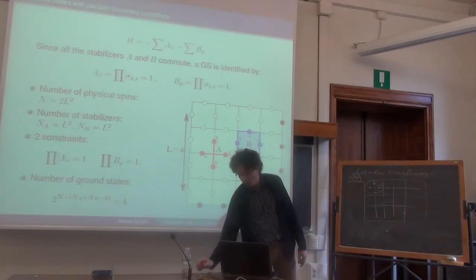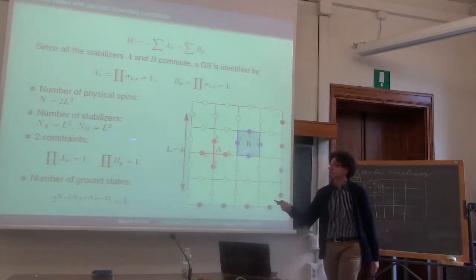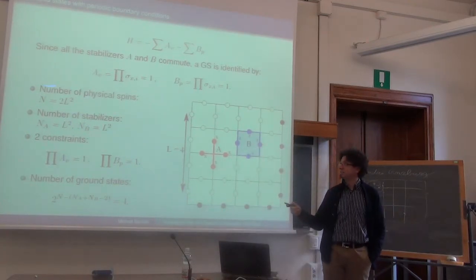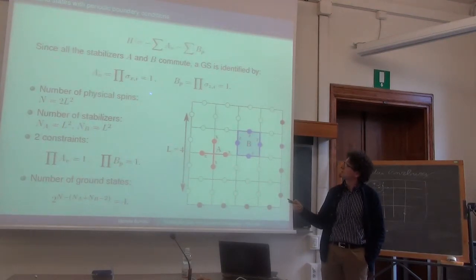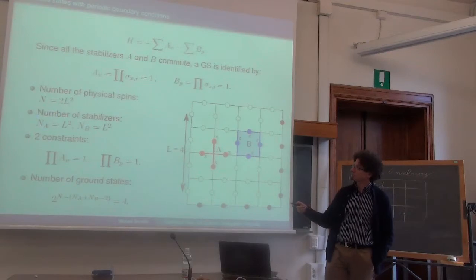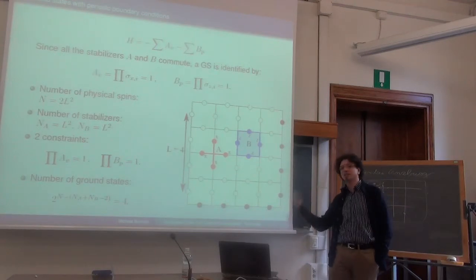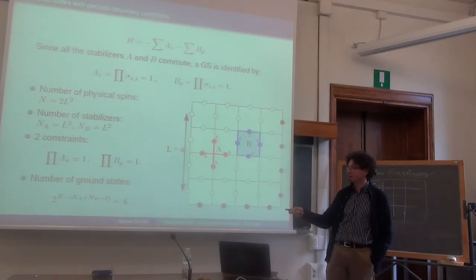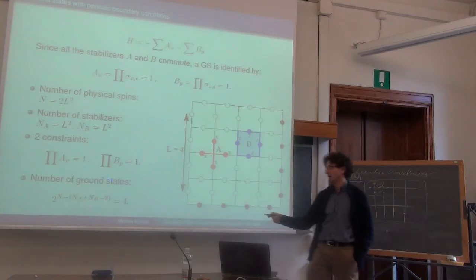So in this system, we have essentially this number of physical spins, and we are fixing all these constraints. So we are fixing that all the A's are equal to 1, which amounts to fixing L² constraints. The same is true for B, however, once we fix L² minus 1 plaquette operators, the last one is already given because of this relation.